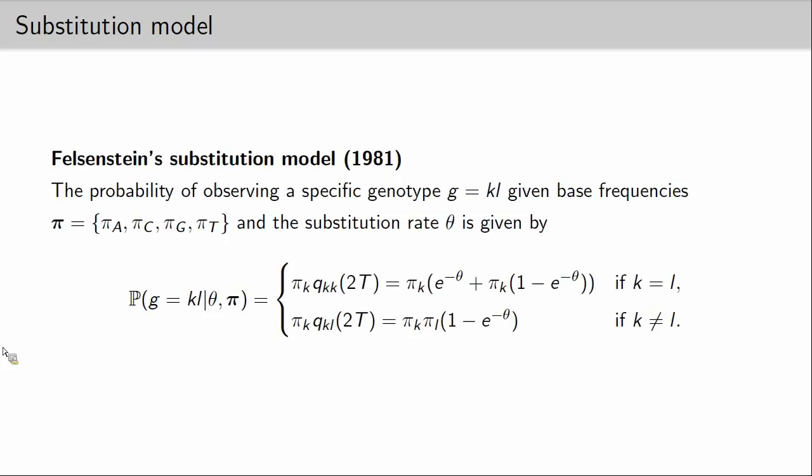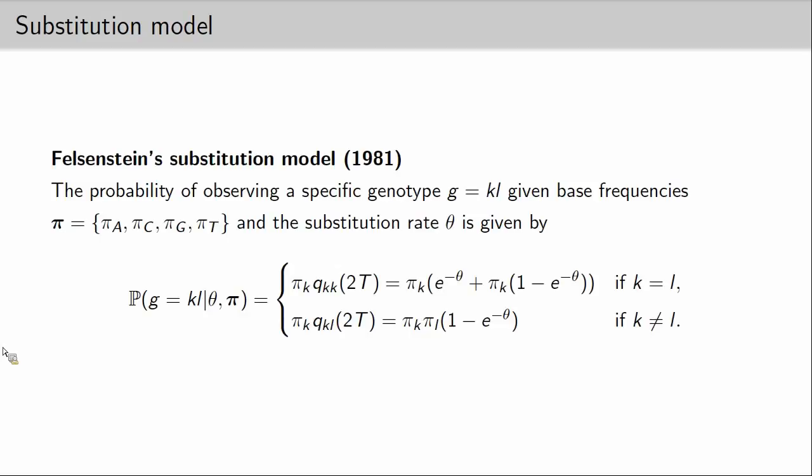And then the probability that there's at least one mutation is given by 1 minus e to the power of minus the rate. And then if that's the case, we just multiply with the probability that, if you follow a tree, the first nucleotide on one side is of type k, and the last nucleotide on the other side is of type l. So it gives you pi_k times pi_l times the probability of at least one mutation.